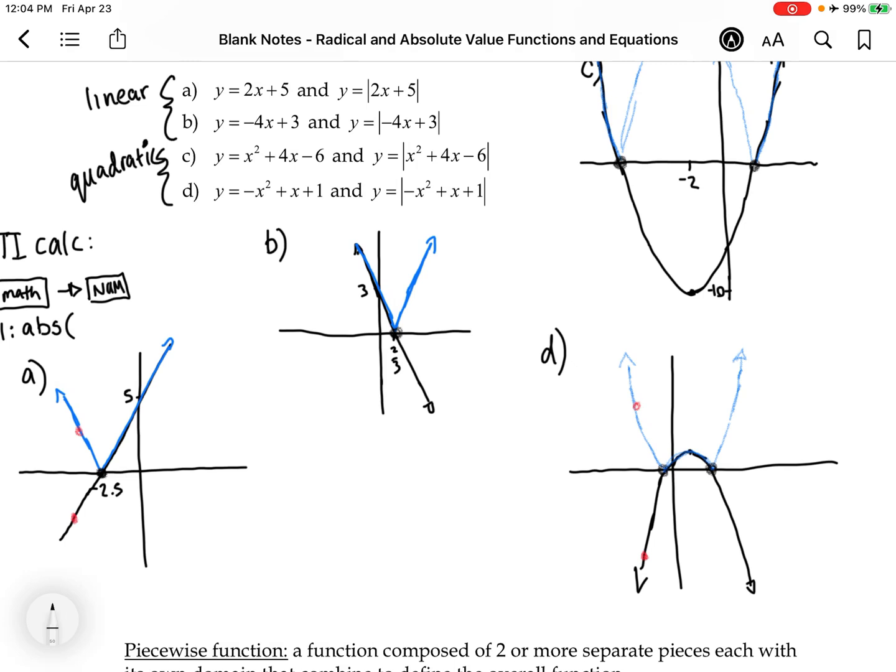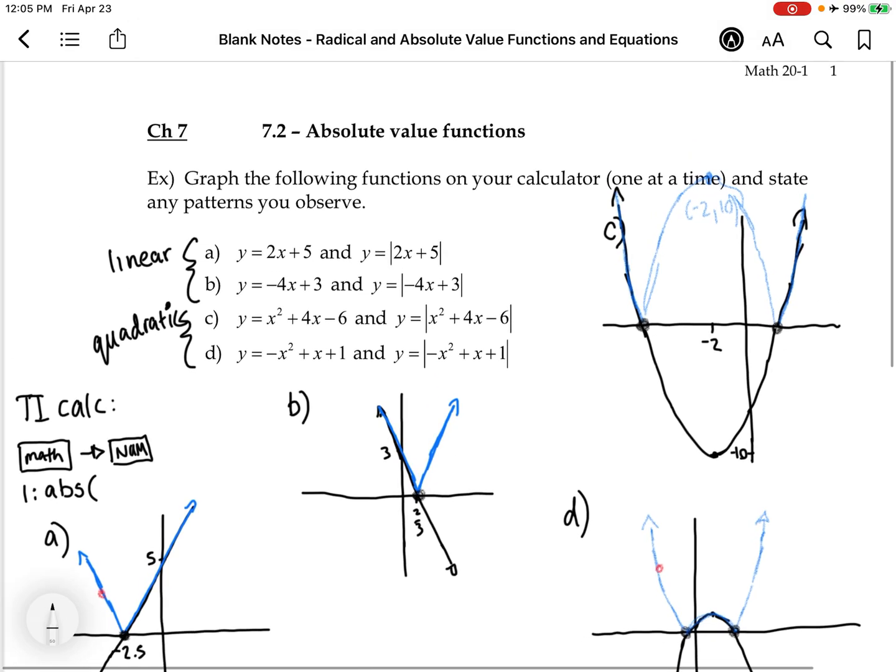So the absolute value of 0 is 0. And then the original function is either going to be positive or negative once it's 0, like it's going to go in one or two directions. And so that's where it will start to either overlap or reflect from the original in terms of the absolute value function. Okay, so those x-intercepts, there's a couple notes that I want to make.